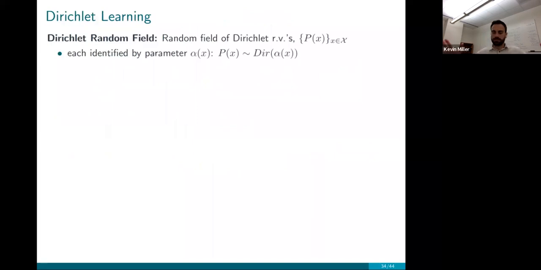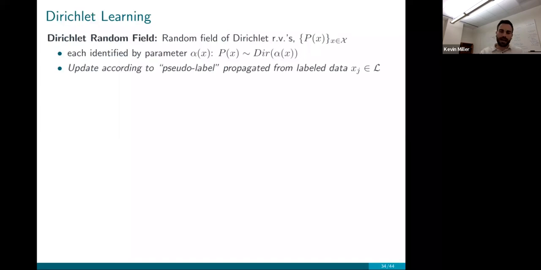I'll explain that in just a sec, but the idea is then bringing all of these Dirichlet random variables together, we get a Dirichlet random field. So each of the random vectors, P of X, are Dirichlet random variables, each identified by their own concentration hyperparameter.